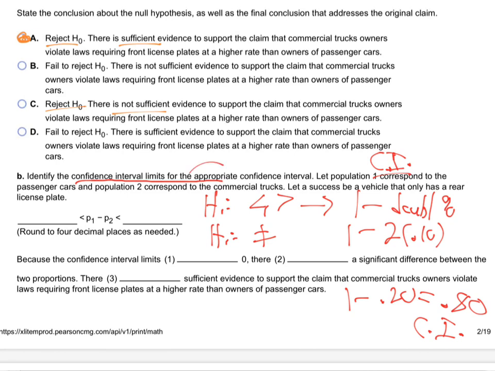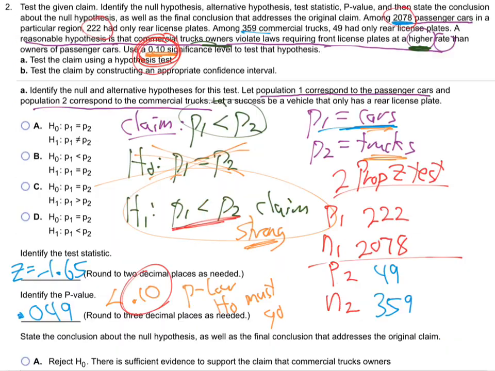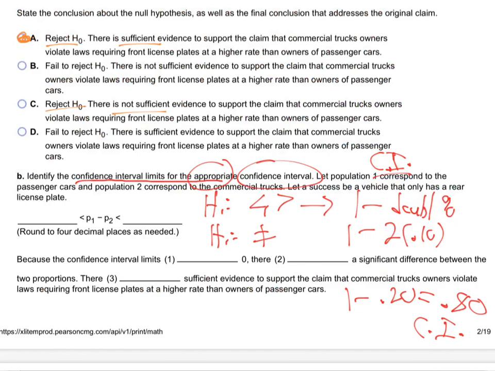That's going to give you the same results as the one-sided 10% test. Let me say that again. We just did a one-sided, a less than 10% test. That's going to be the same as a double it, 80% confidence interval. 1 minus double it.